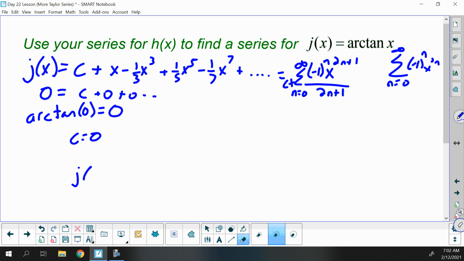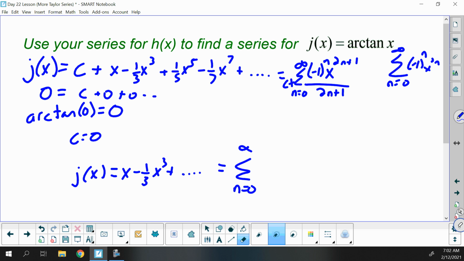So really, j of x is just going to be x minus 1/3 x cubed, dot, dot, dot, and we'll just have it without the c. Now, not all of the functions we have will allow us to resolve the c, but if it is something we know, we should try and resolve it.